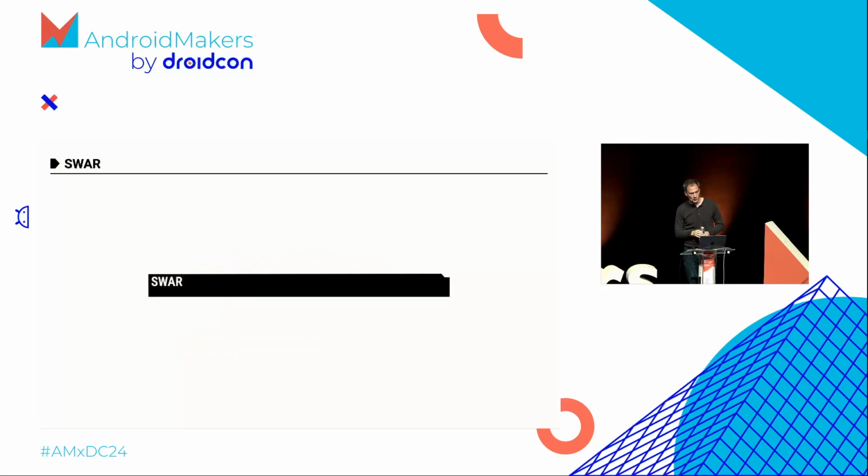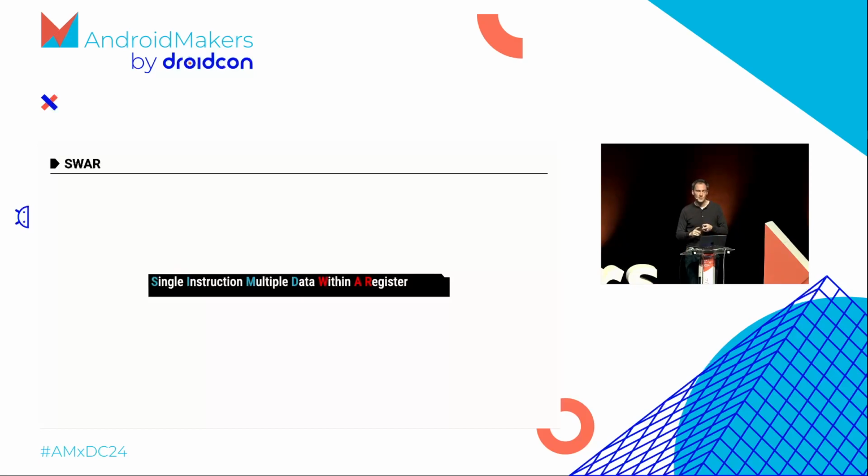But there's a much more efficient way of doing that. It's called SWAR, and it's a horrible acronym, because it's an acronym within an acronym. It means SIMD within a register, which means single instruction, multiple data within a register. So SIMD is the ability to process multiple values at the same time.